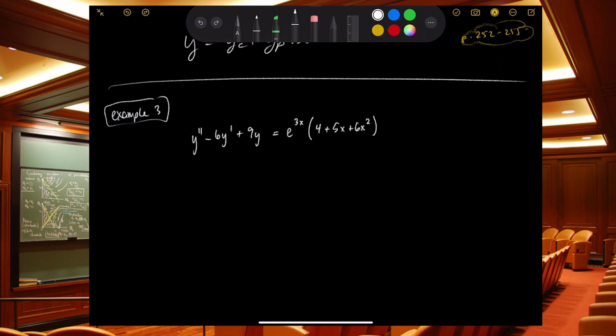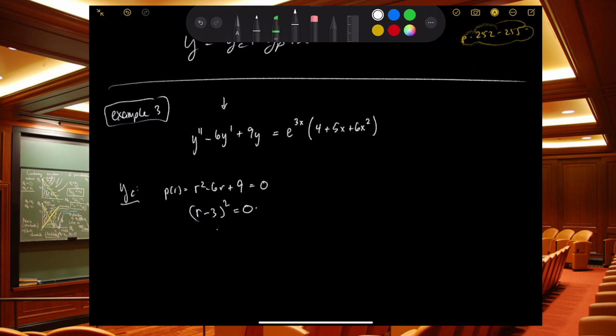So we've got a new equation, mixing it up a little bit. Here on the left-hand side, if we take a look at the complementary equation first for a little bit of insight, we see the characteristic polynomial is r squared minus 6r plus 9. If we set that equal to 0, we'll get r minus 3 squared equals 0.